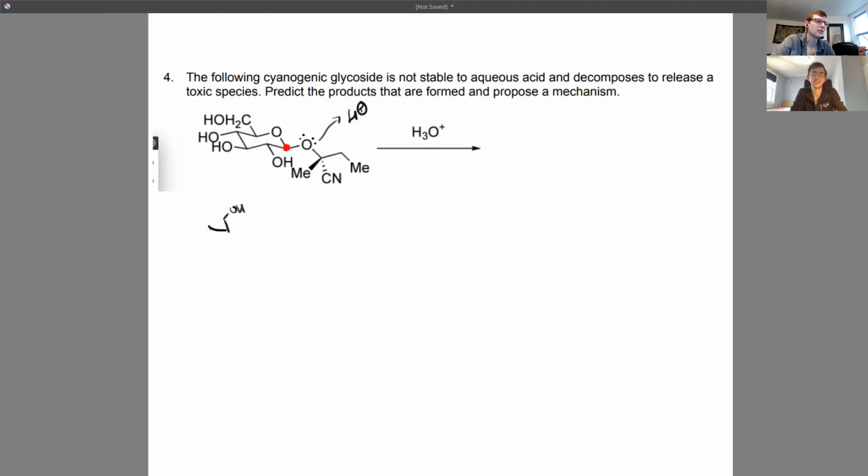Okay. So here's the terrible thing about sugars: they're just a massive pain to draw. There we go. So here's an oxygen, right? Here's that carbon we're working with. So we've protonated now, so OH plus.